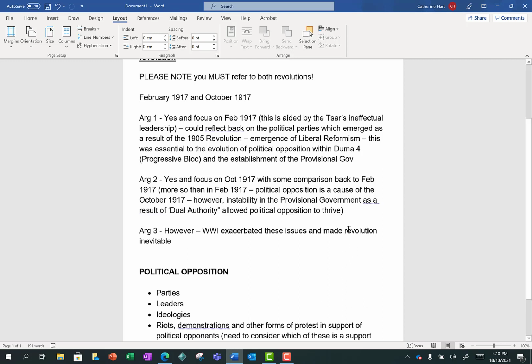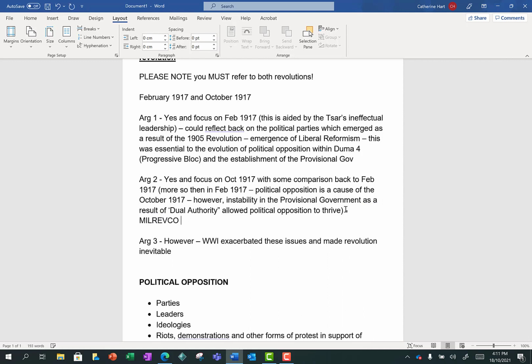And what I might add in here is the Milrevcom, the Military Revolutionary Committee that is dominated by Bolsheviks, and how they were able to utilize that to exert their political opposition.